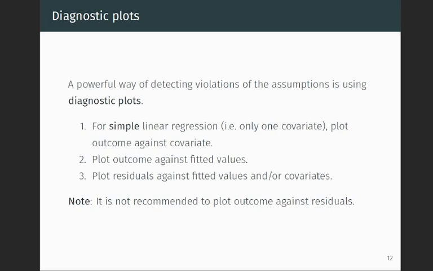For simple linear regression, which means there's only one covariate, you can actually plot the outcome against the covariate. This is the simplest setting, and you can see whether linearity is a good assumption or not by using a simple scatter plot.